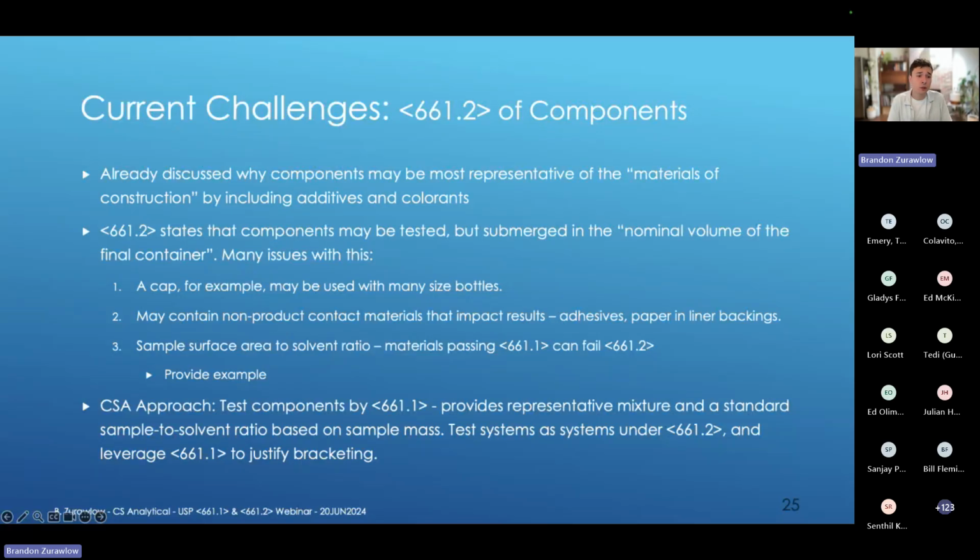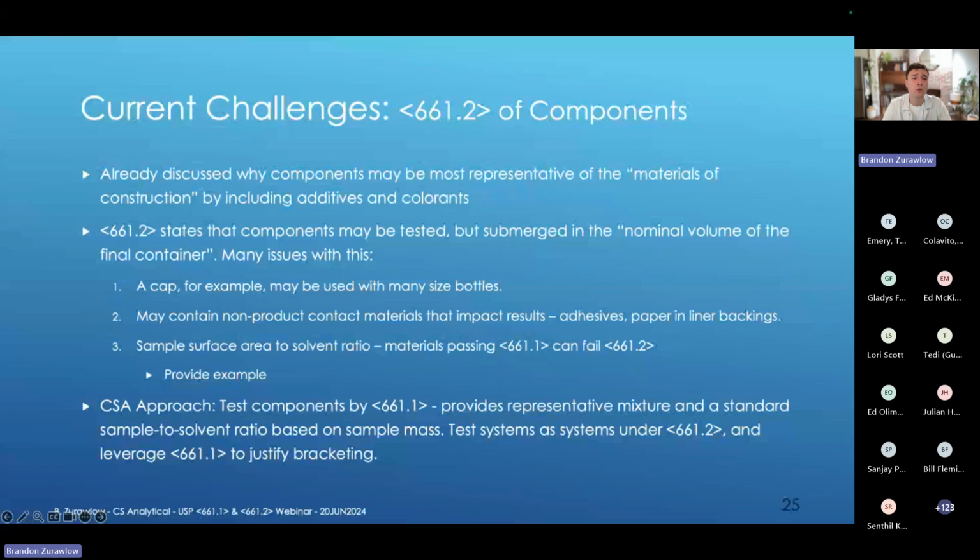And then the third issue with this is the concept of surface area to solvent ratio. Previously I had pointed out in the sample preparation slide that 661.1 includes taking a constant mass of material and putting it into a constant volume of water for extraction.